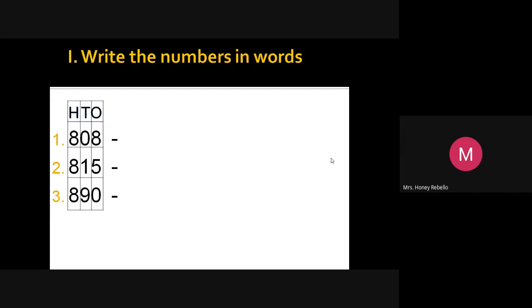That means you have to write the number name. Now you don't write fast, just wait for others to complete that.